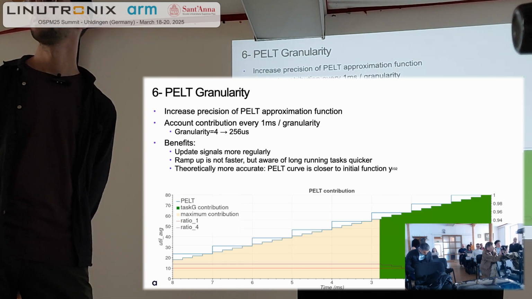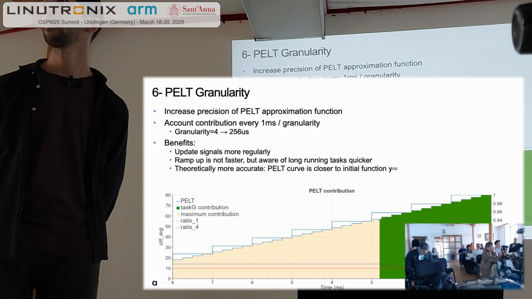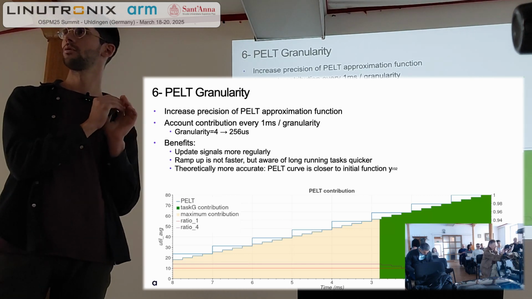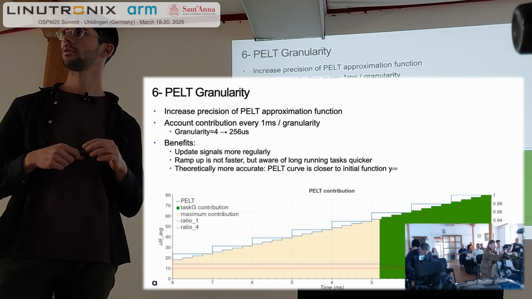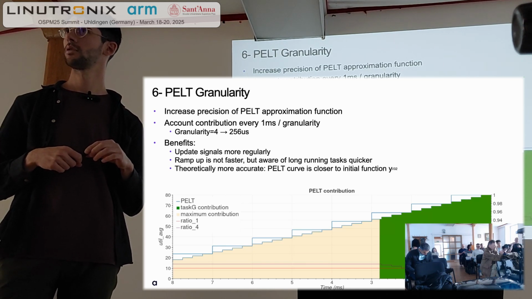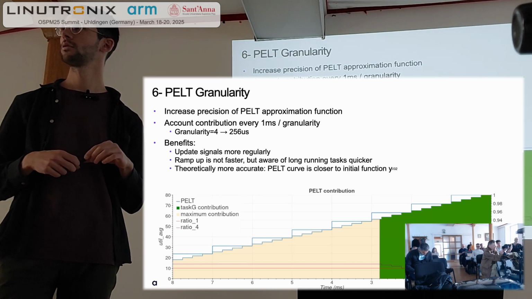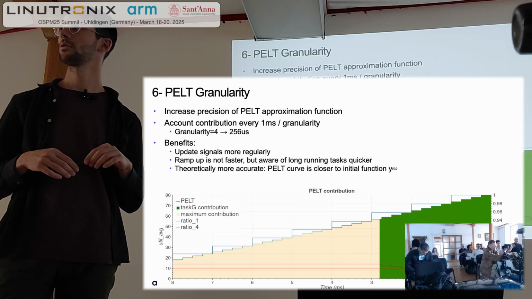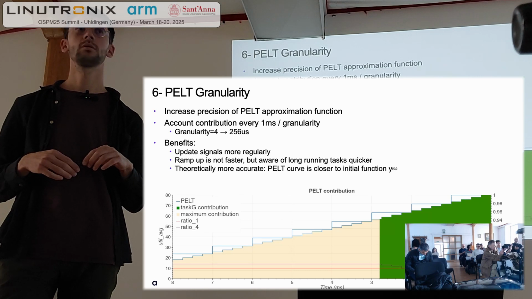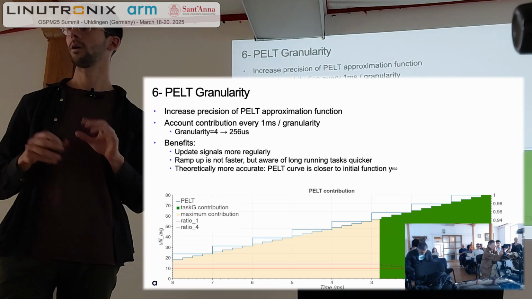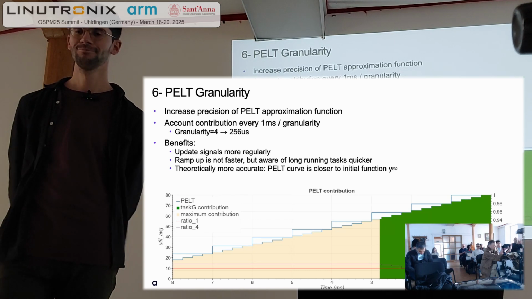I think what we have to keep in mind here is that we are accounting the cycles that we use. And right now, we have a linear mapping between that and which compute capacity, OPP or CPU should be used. And that's probably where the problem is, because if you're running slowly, yes, we will take some time to increase the util average. It's just that we have these linear things.